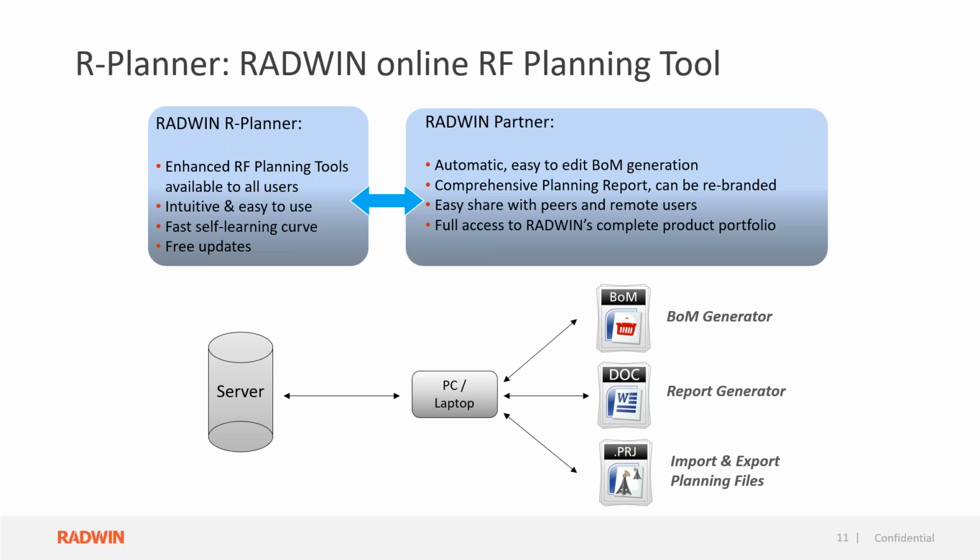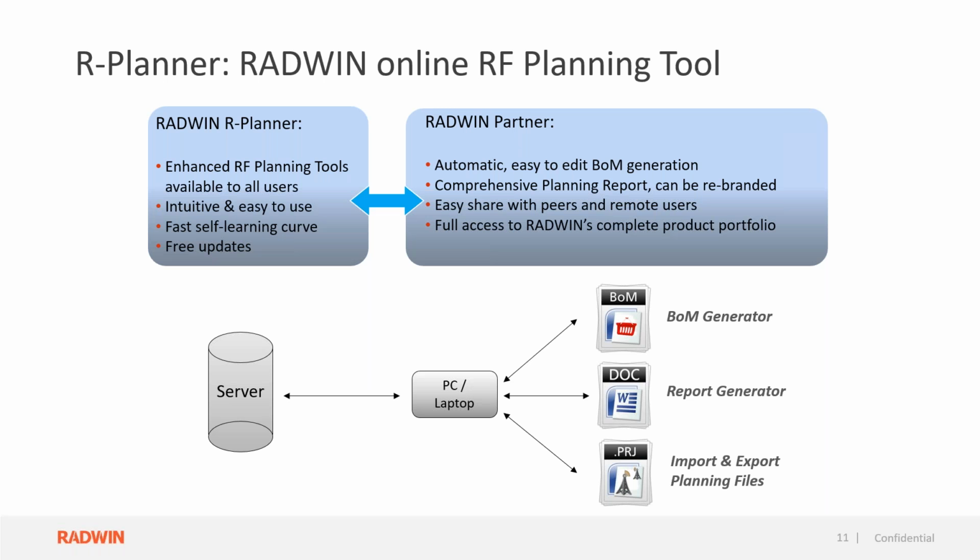You don't need to decide by yourself which base station to connect to which subscriber. The planning will do it for you. Automatic, easy to edit BOM generation, comprehensive planning report, easy sharing with peers and remote users, full access to the complete RADWIN product portfolio. And this is very important.